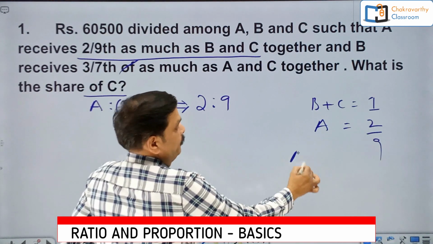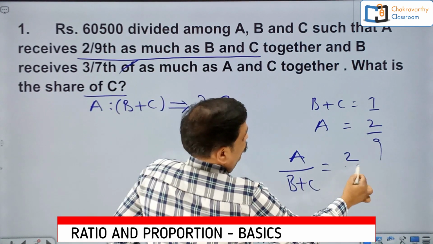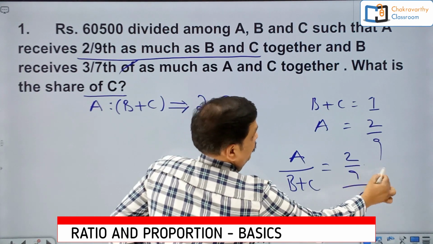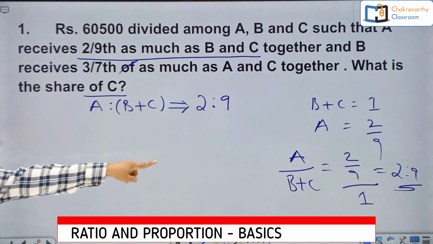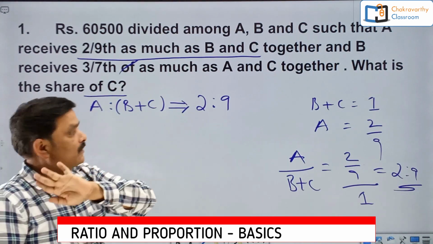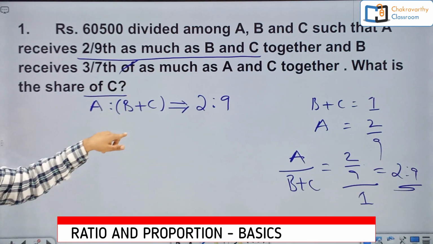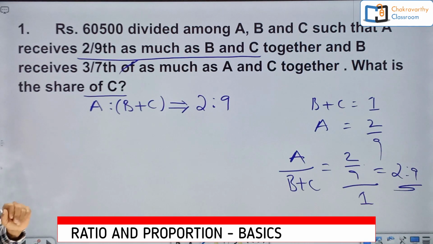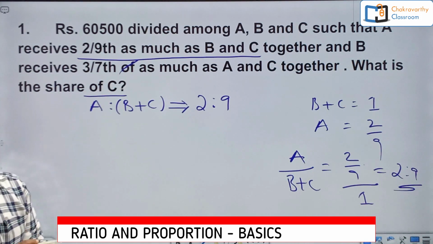Now A is to B plus C. That means A by B plus C is equal to 2/9 divided by 1. That is nothing but 2/9, 2:9. You got the clarity? This explanation is exclusively for the beginners, but from next time onwards, don't do all these things. Directly when they say A receives 2/9 of what B and C together get, that means directly A is to B plus C is 2:9.